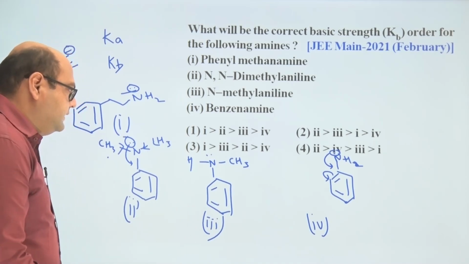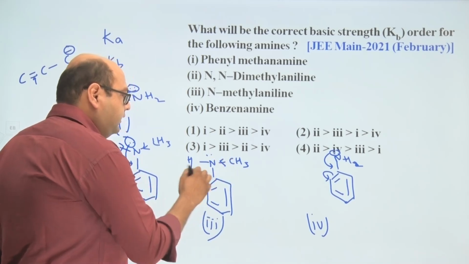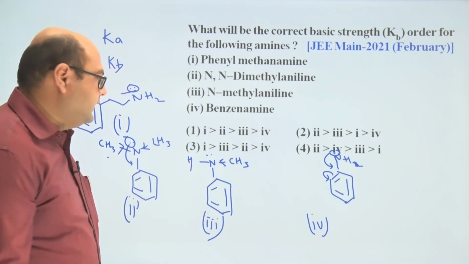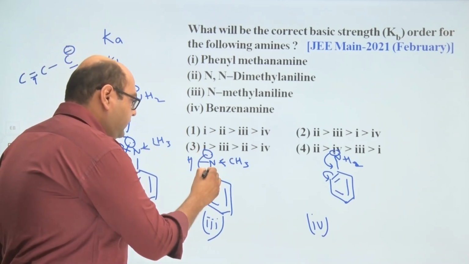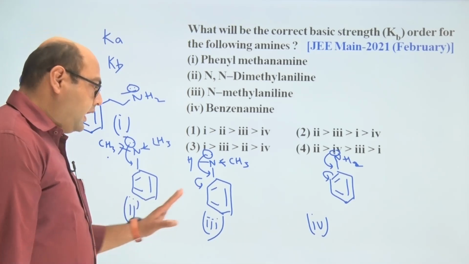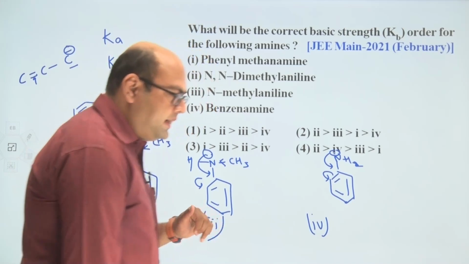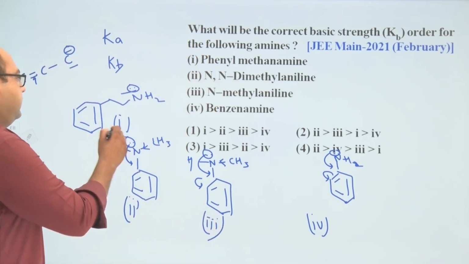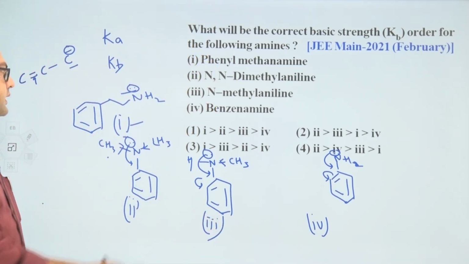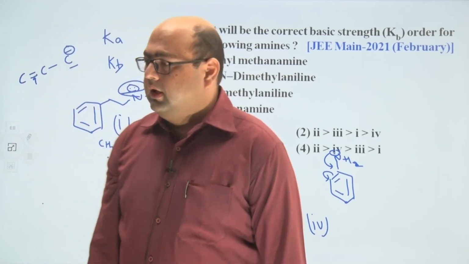In the third option, there is a plus I effect of one methyl, which is absent on the other side, and the lone pair is involved in resonance. But if we see the order, the maximum basic strength, or Kb value, will be of the first option, because its lone pair will always be available as it is not in conjugation with the double bond.